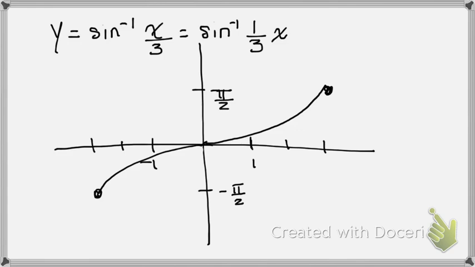And if you wanted to check this, go x, y. And if I let x be 3, what am I going to have? I'm going to have the inverse sine of 1. And what's the inverse sine of 1? What angle has a sine value of 1?